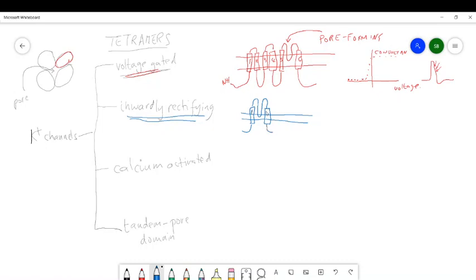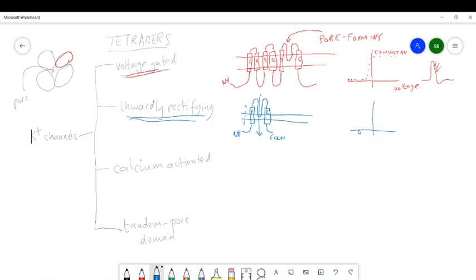So 1 and 2. Alright, so the reason why we call them inwardly rectifying is, if we do the same voltage plot here, what we find is that they prefer to allow potassium into the cell but don't let it out quite so much.